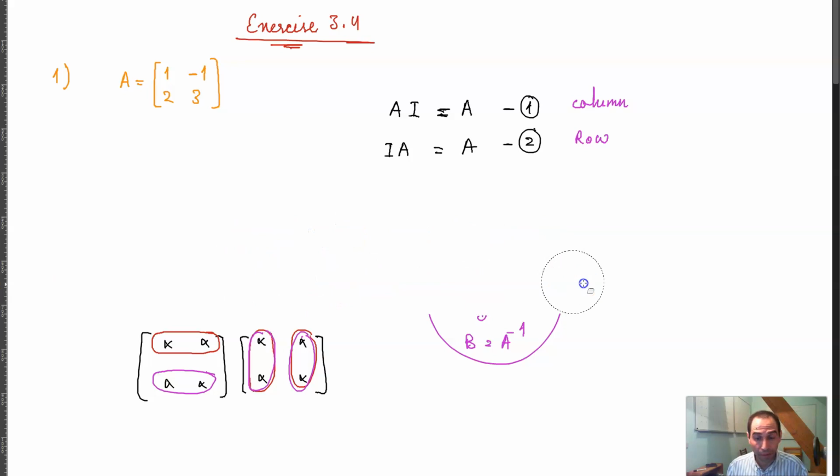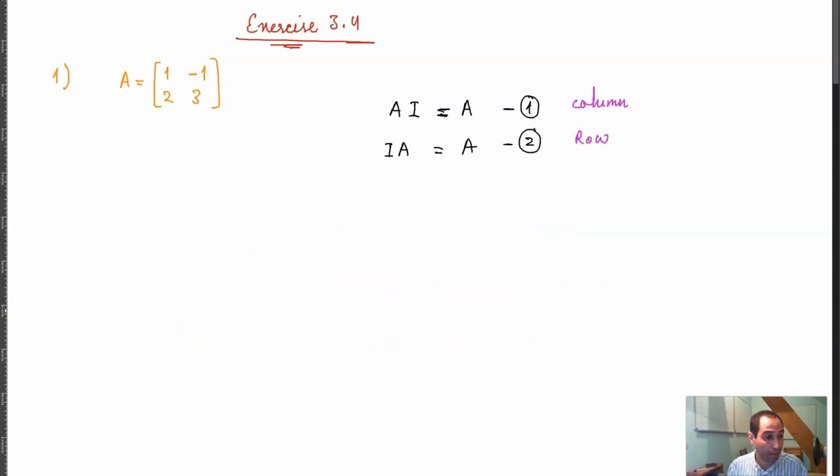Now, suppose that I want to go for row operations. There is no way to know whether it's going to work really, but let's try.